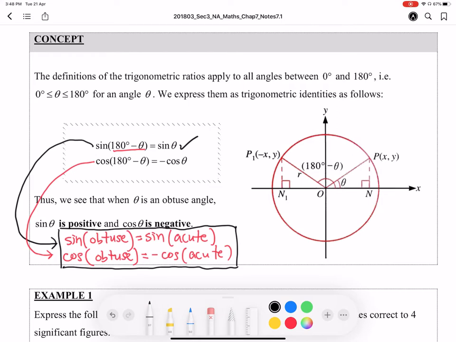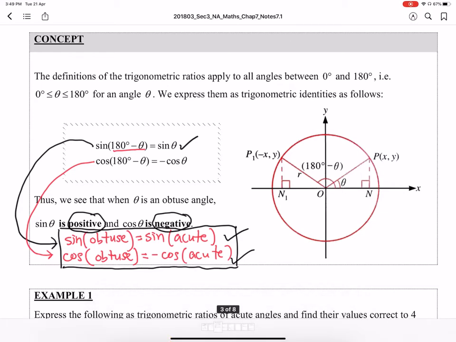So I want you to remember that the sine of obtuse angle is equal to the sine of acute angle, and the cosine of obtuse angle is equal to the negative of cosine of the acute angle. And if theta is obtuse, we have sine to be positive and cosine to be negative.